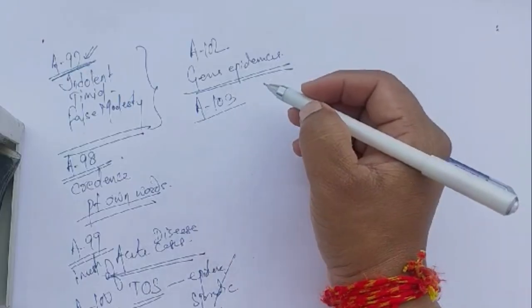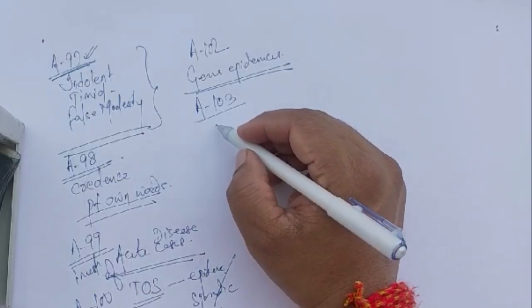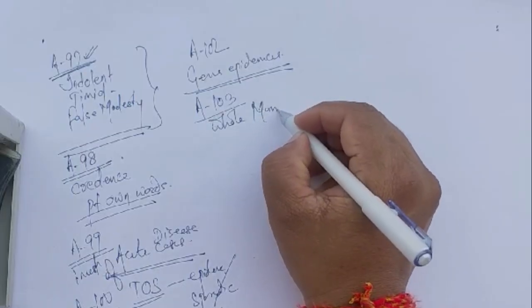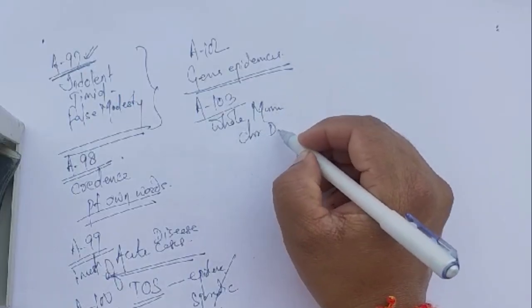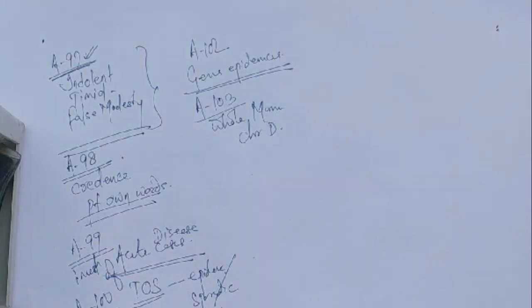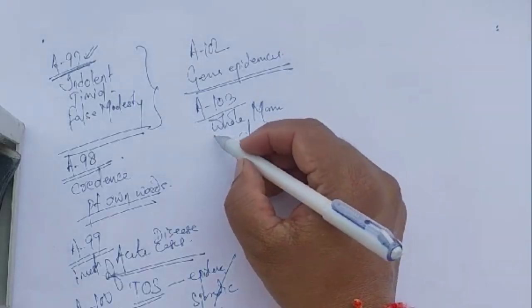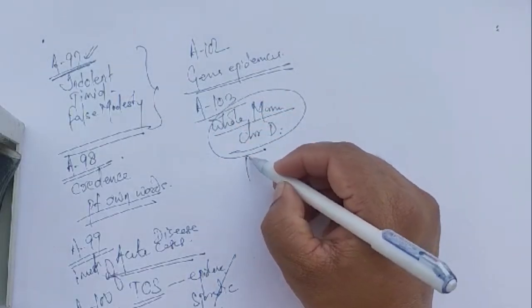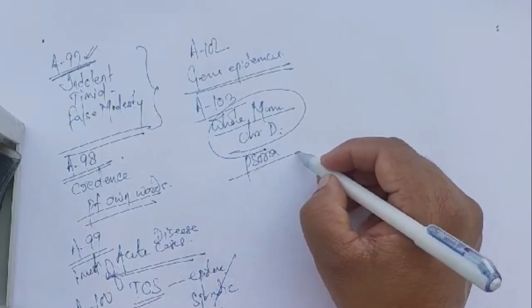Aphorism 103, investigation of whole manifestation. सब लेना है किसमें? chronic disease में. Chronic disease, investigation of whole manifestation of chronic disease, especially सोरा जहाँ पे है, सोरा.